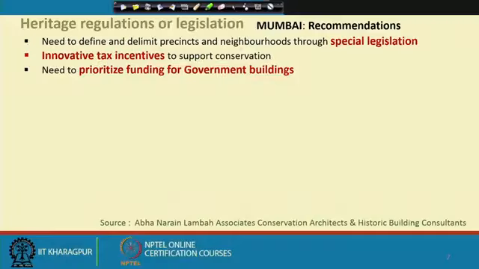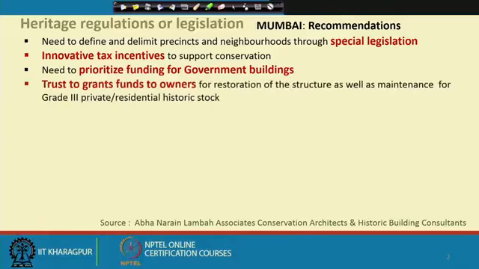Need to prioritize funding for government buildings. If there are certain government buildings, a priority has to be set on how to give funding to them, especially those in the heritage conservation zone. Trust to grant funds to owners. Apart from tax incentives, funds are required because some owners and organizations may not be able to take care of the heritage structures.